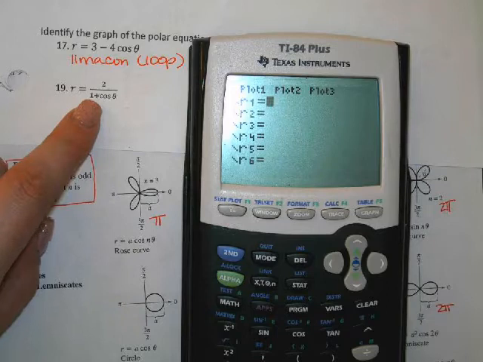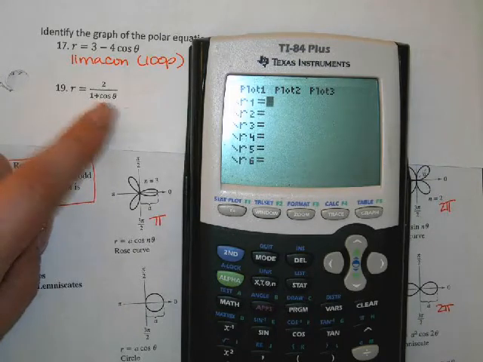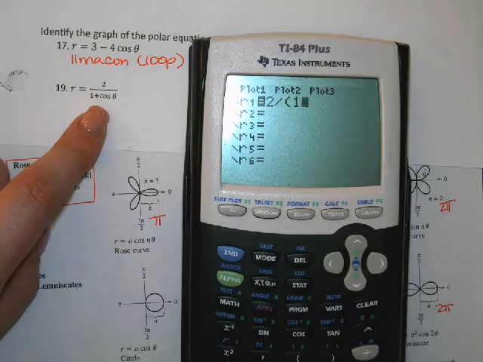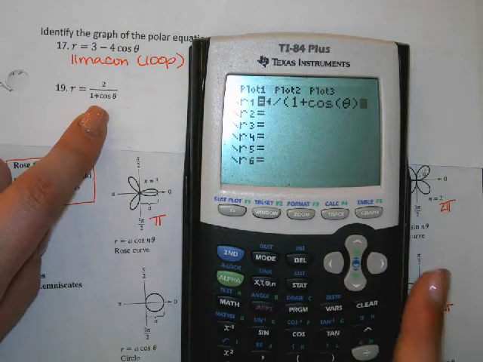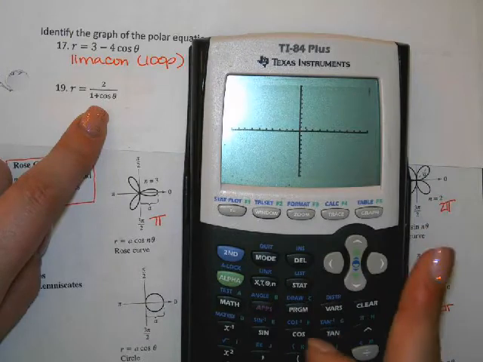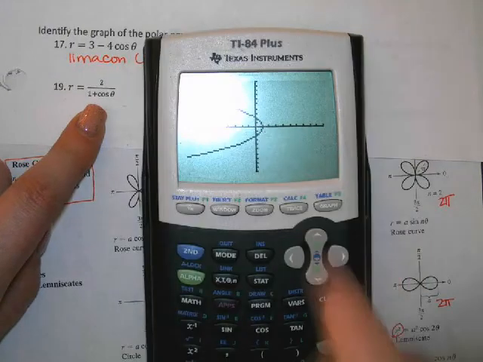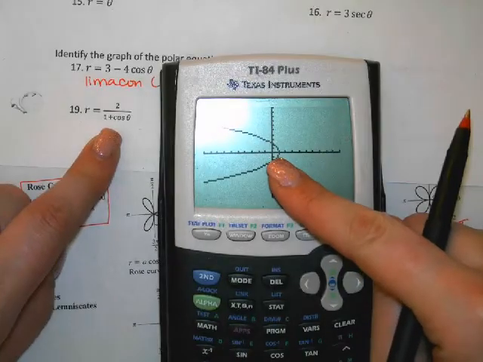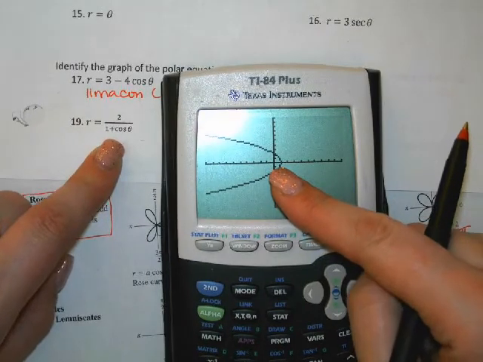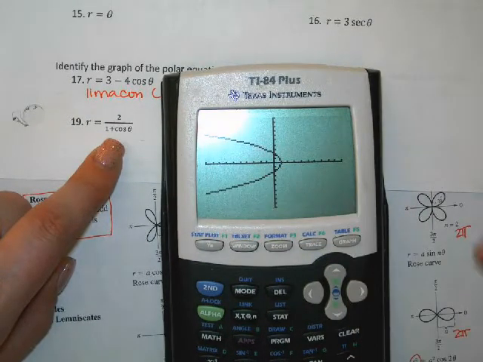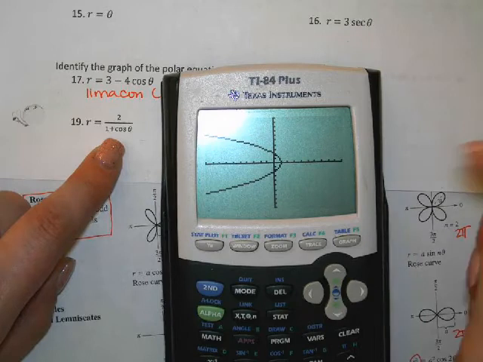Why is it a parabola? They're the same number, yeah. So 2 divided by 1 plus cos. This one started dying. Okay, so if you look on here, actually that's the parabola, right? I can see most of it, so. Sideways parabola, which makes sense, right?